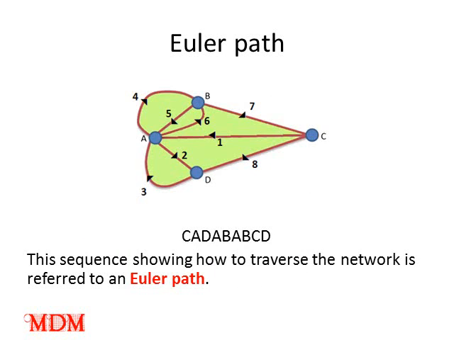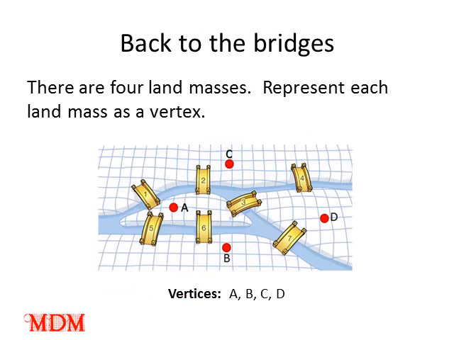Now we do refer to the path that's taken through a particular figure as the Euler path, and we've already talked about how that can be labeled in different ways. Let's go back to the bridges. Again, there are 4 land masses, so I've represented each of the 4 land masses as a vertex because our vertices represent objects.